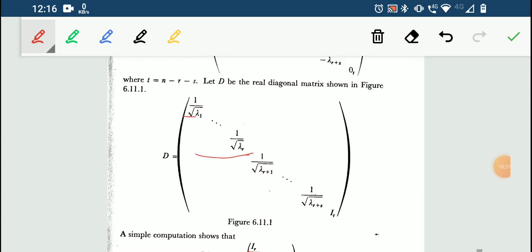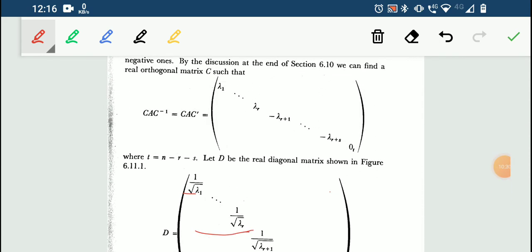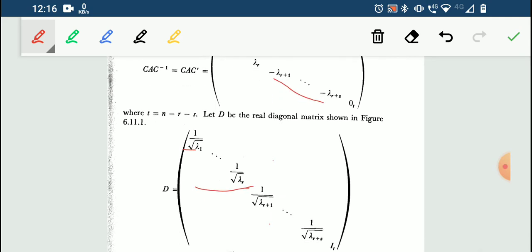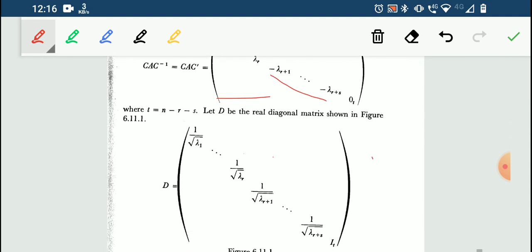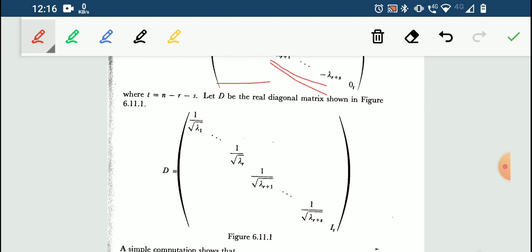In the same way, when I multiply the same D from both sides for these elements, lambda r plus 1 gets cancelled with root of lambda r plus 1 into root of lambda r plus 1, but the minus sign remains throughout for these many elements.